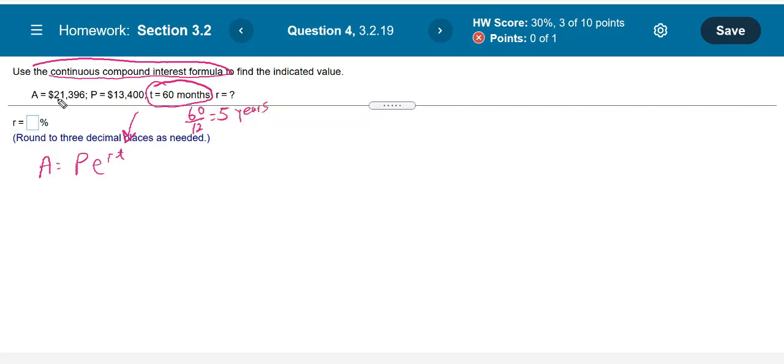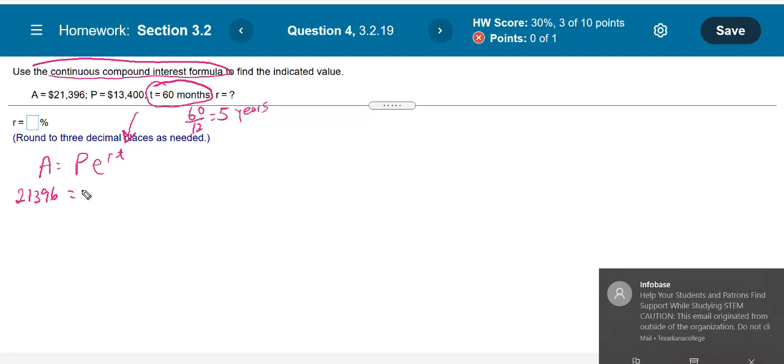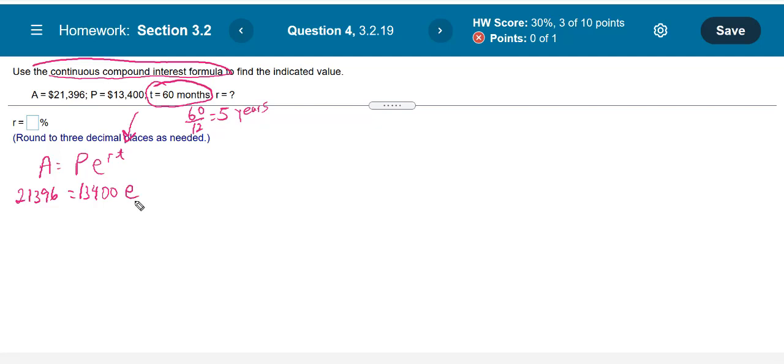So when we substitute 21,396 for A, 13,400 for P, we need to use the 5 for the t, not the 60. Now the process is very similar to the one we just did, so I'll go through it kind of quickly. We divide by the 13,400 to get rid of that.